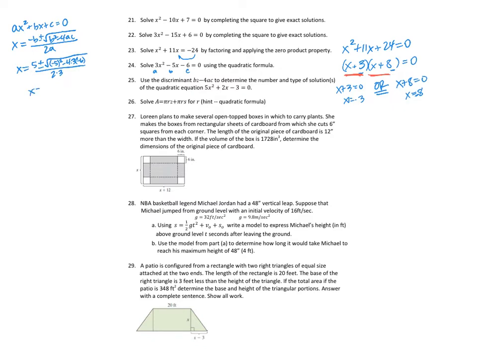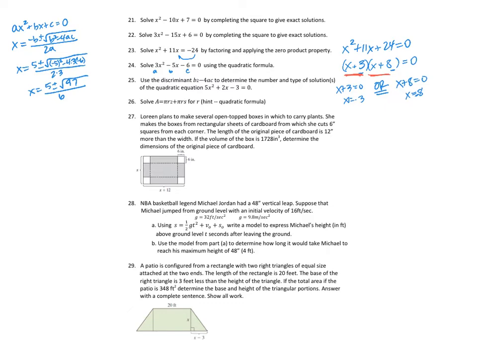So that gives us x equals 5 plus or minus the square root of 25 minus 4 times 3 times 6. Oh, 25 plus, sorry, the minus and the minus will make a plus there. So that's 97 all over 6. And it doesn't look like that's going to reduce anymore because 97 is not a perfect square. So I think that's it.